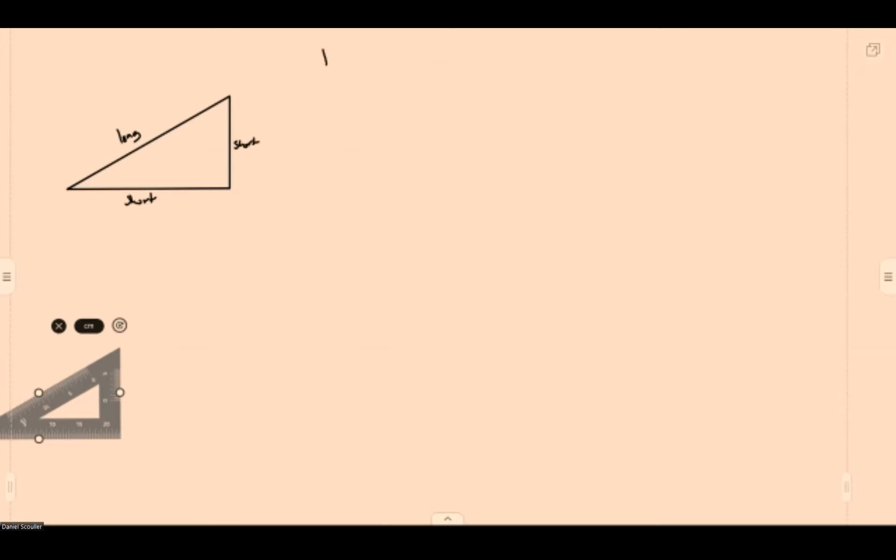So we're rearranging to find one of the short sides. Remember, long squared equals short squared plus short squared. So if I'm looking for a short side, I can rearrange that equation, and it will be long side squared minus short side squared.